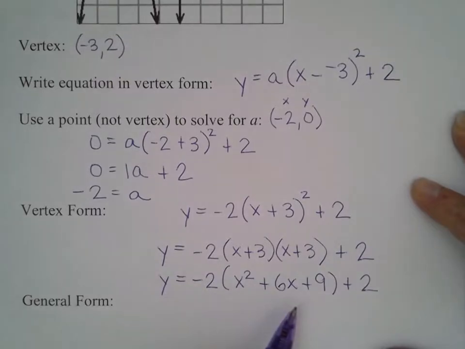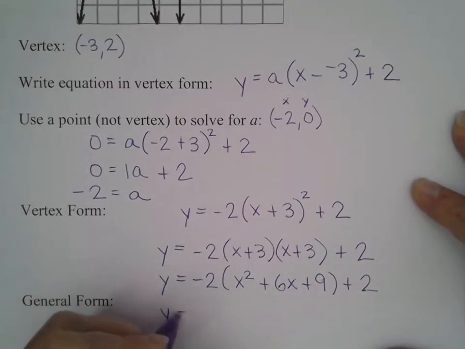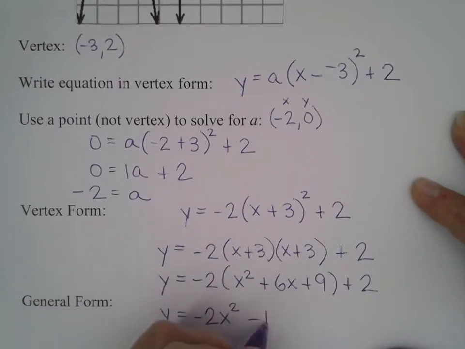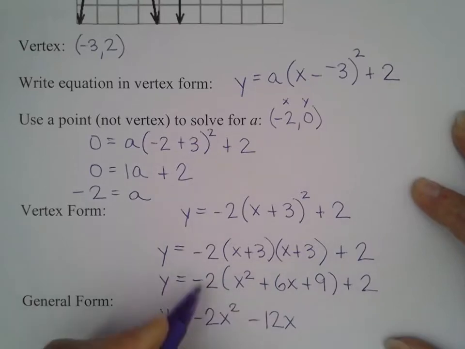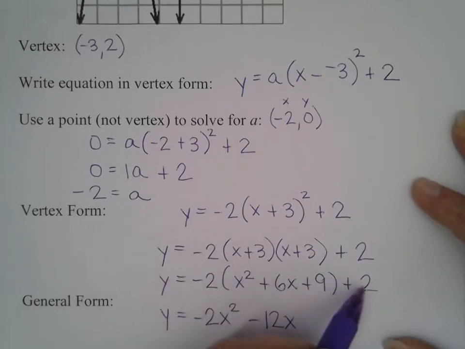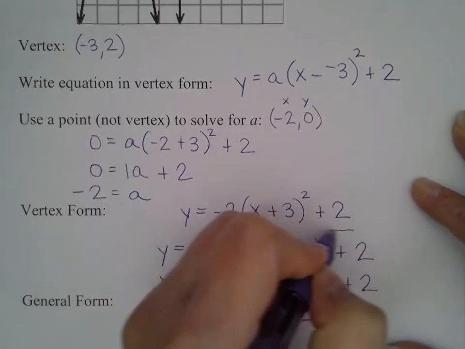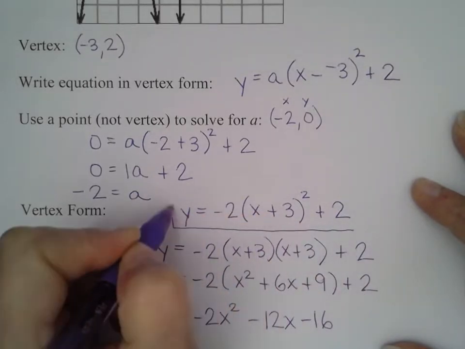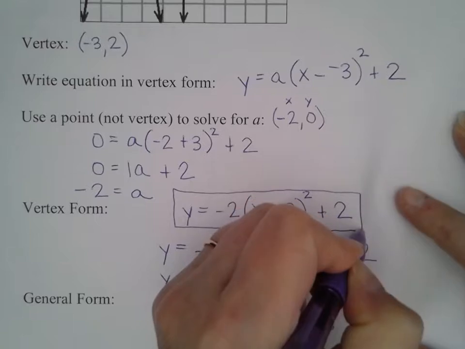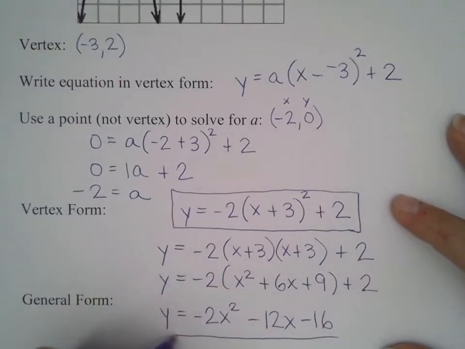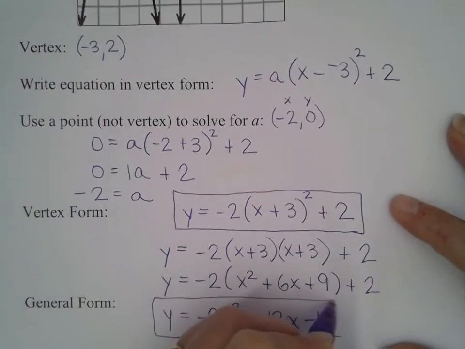And then I would distribute my -2. So I'll come out with -2x squared minus 12x. This would be -18 plus 2, which is -16. So I found both the vertex form for this parabola and the general form.